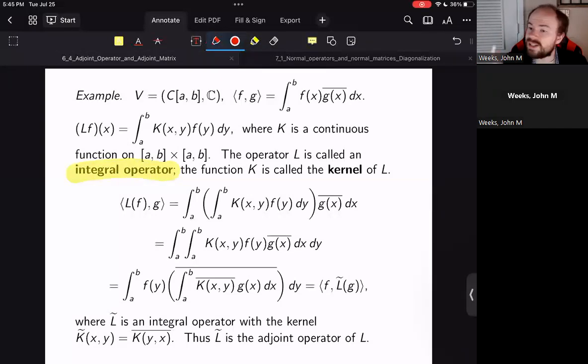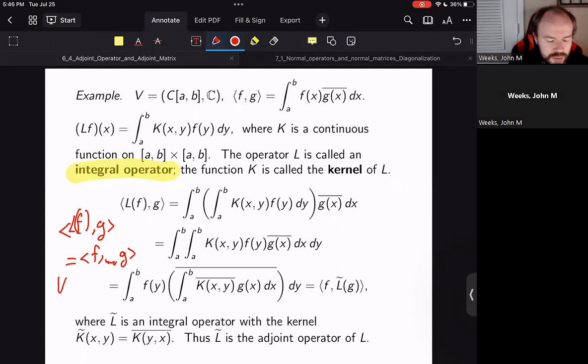Now, if I wanted to go through and attempt to find the adjoint of this, again, my goal, just like last time, is to determine what happens if I look at L of f comma g and look to see what happens whenever I write this as f comma something times g, this something being what could be our adjoint operator.